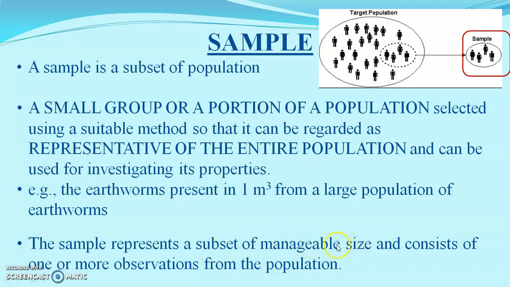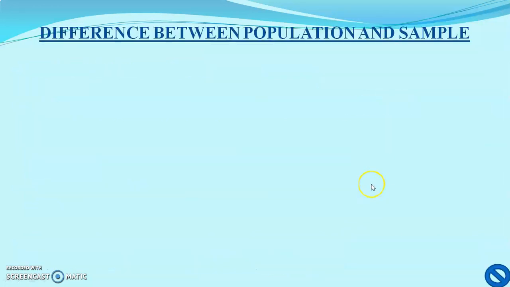Why is it called manageable size? We cannot manage all individuals in a population of study. So we select only a few individuals which can be managed well. That's why it is called manageable size. The sample represents a subset of manageable size and consists of one or more observations from the population or one or more individuals from a population. The number of the sample selected depends on the total size of the population.